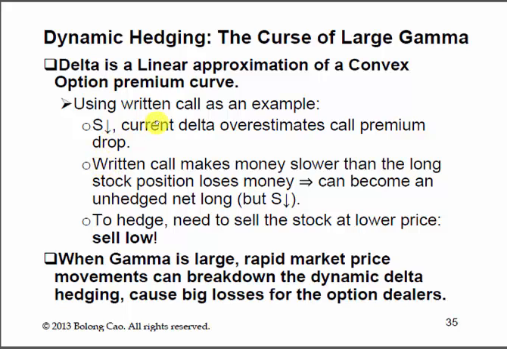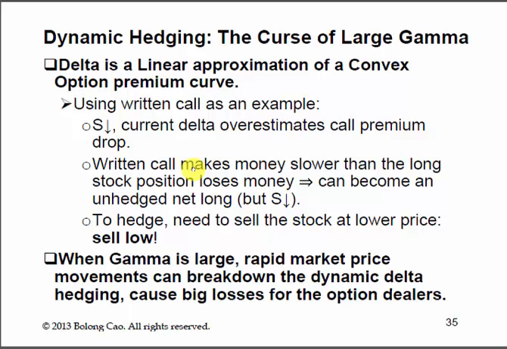It means the written call makes money. Right? The written call now, its liability starts to decrease. The underlying becomes cheaper, call value decreases, the liability decreases. But that decreasing speed is slower than the long stock position loses money.